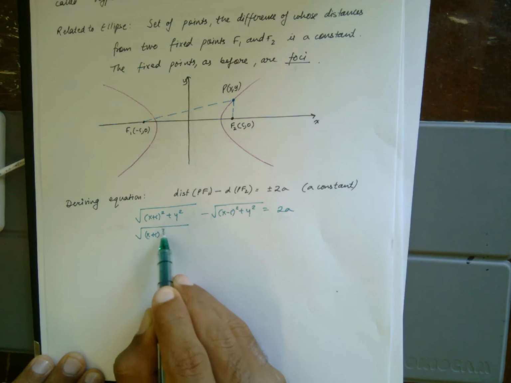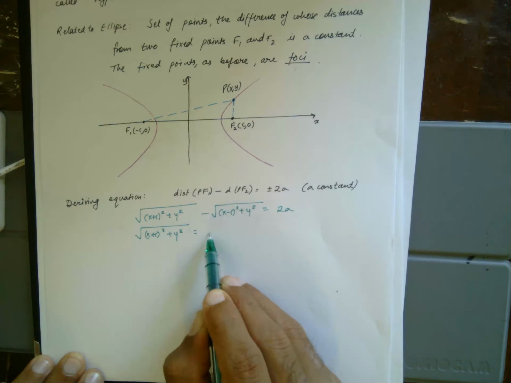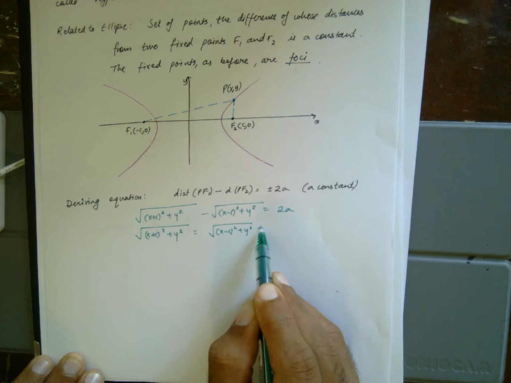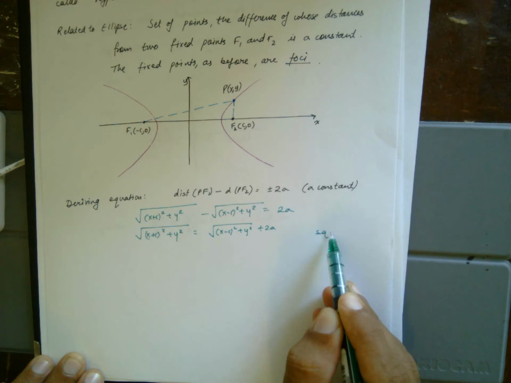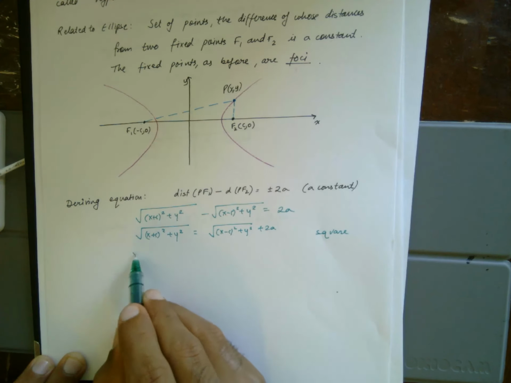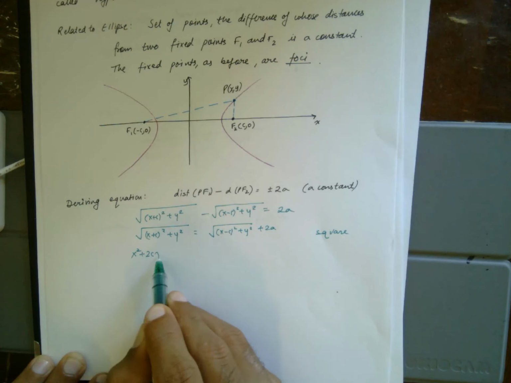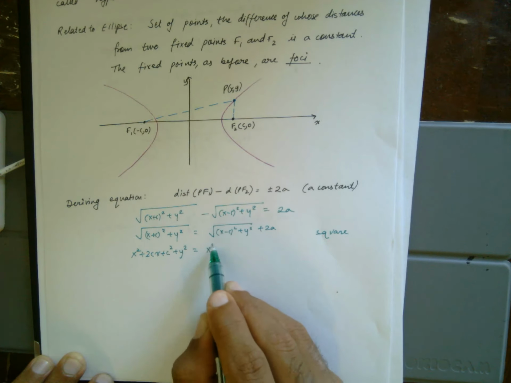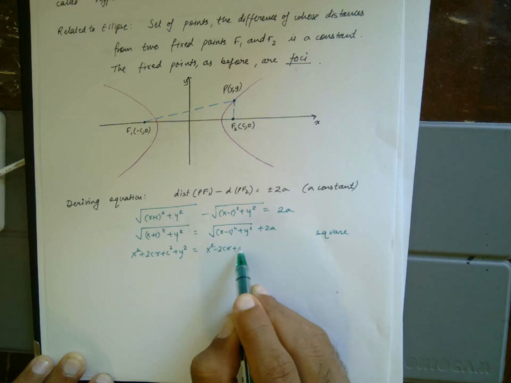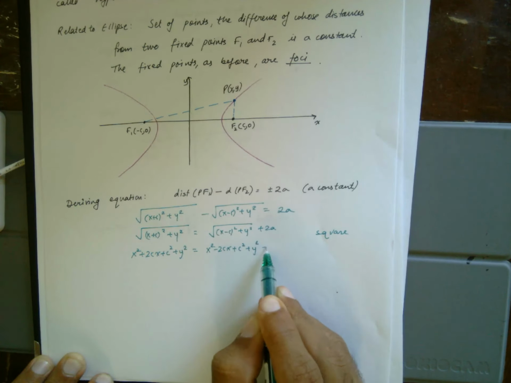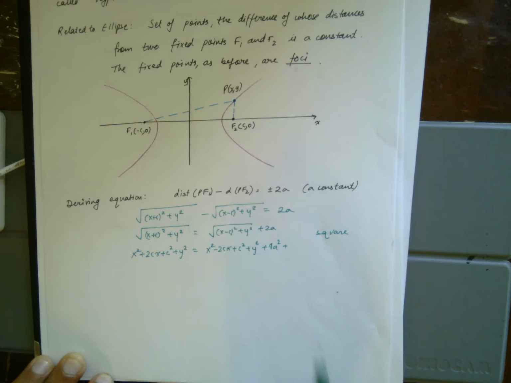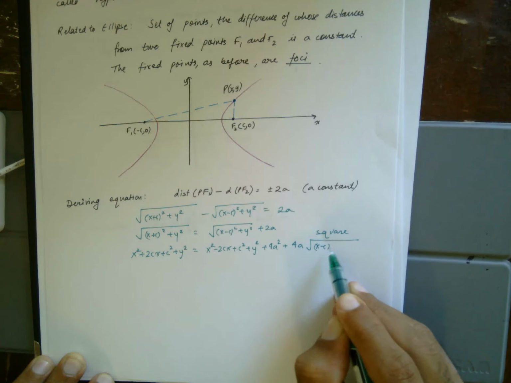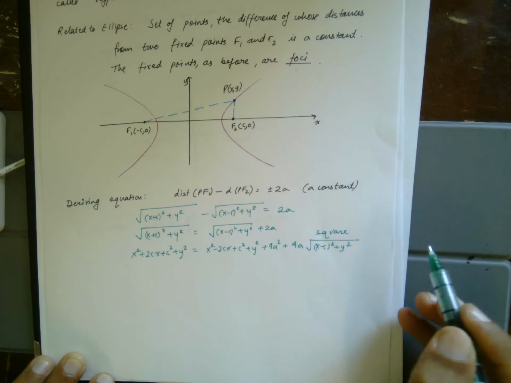And then we send one of the square roots to the other side, and then we square. When we square, x squared plus 2cx plus c squared plus y squared equals x squared minus 2cx plus c squared plus y squared plus 4a squared plus 4a times all of this messy thing again.